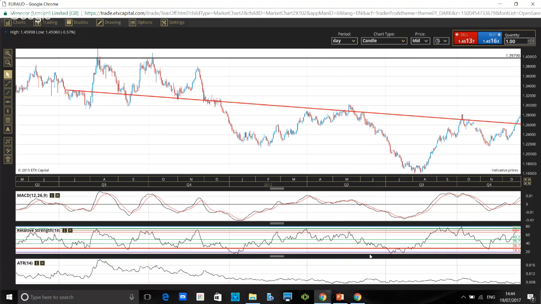We have a move upwards we can take action on in terms of a trade.